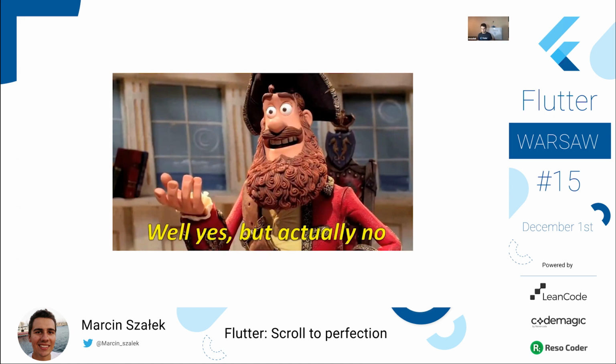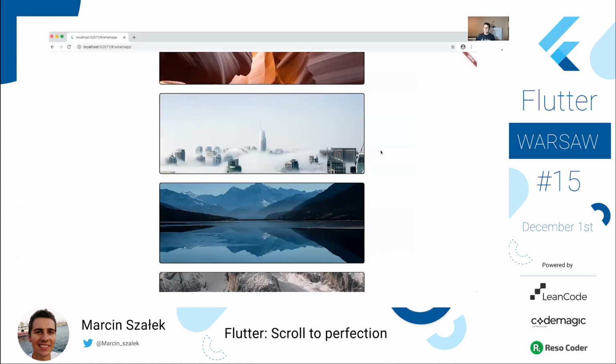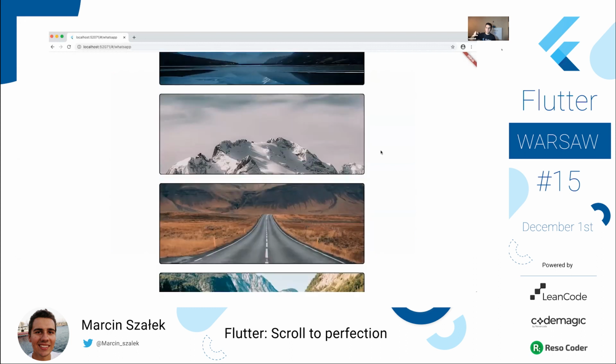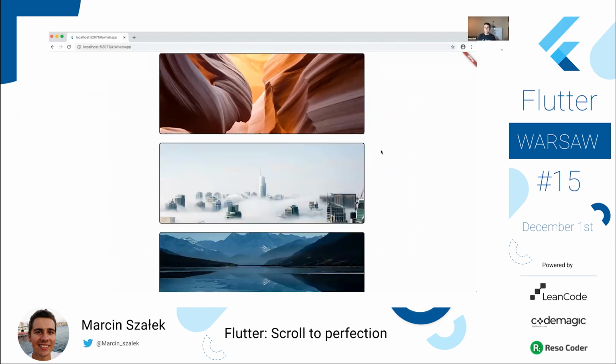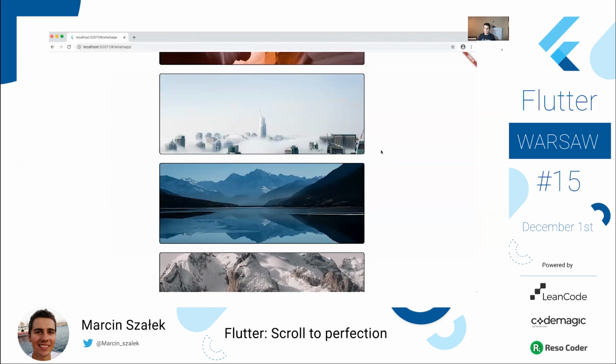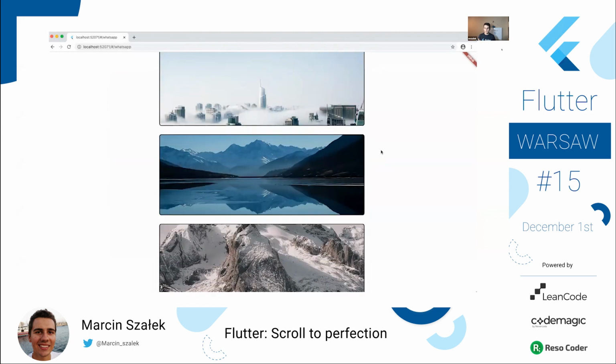Why can't we use it on web? And the answer for that is because of the mouse scroll wheel. So here we have this parallax effect of WhatsApp, and you can see it's very smooth when you use touchpad. But then you start using scroll wheel on your mouse, and it gets really, really janky.